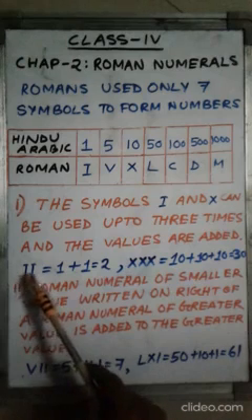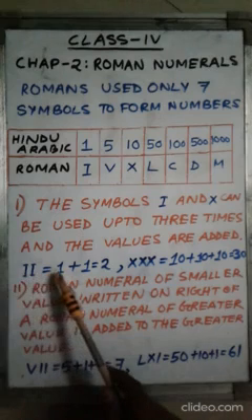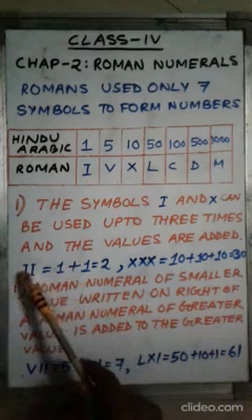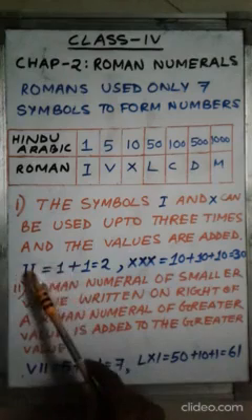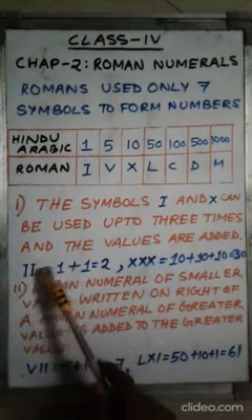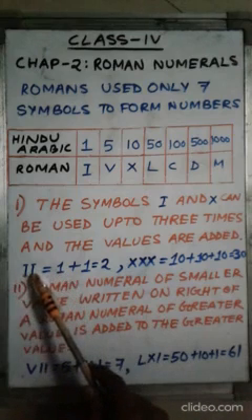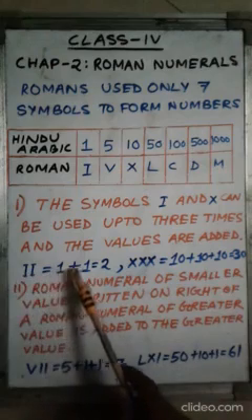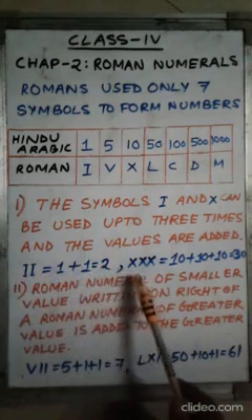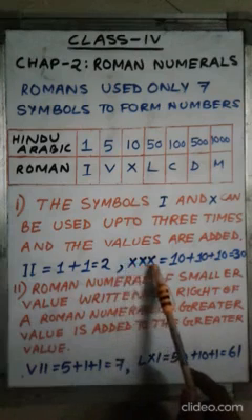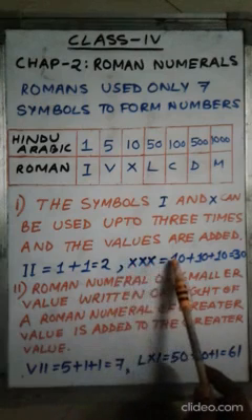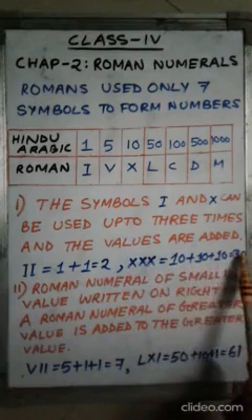You can see here the symbol is repeated twice, so this value is 1 and this value is 1 and their values are added. That means if there are 2 symbols together, it will be 1 plus 1 equal to 2. You can see here also 3 symbols together, so it is 10 plus 10 plus 10 equal to 30.